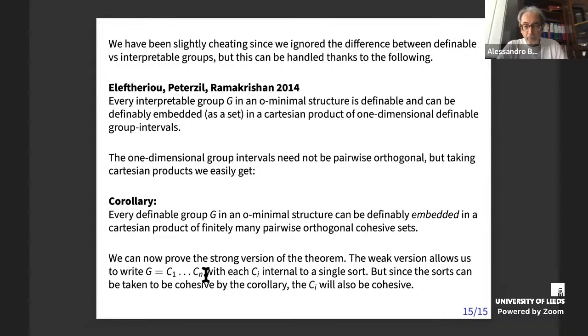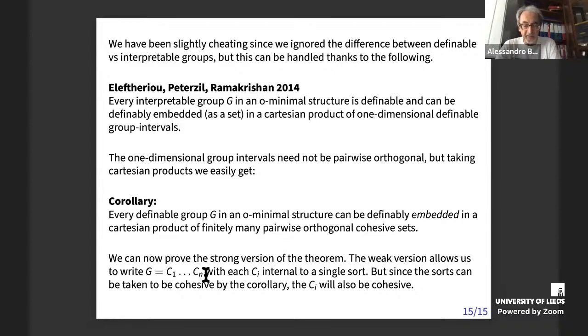So the strong version is certainly not true in general for arbitrary structures. The weak version could be. Essentially the strong version says that any group has finite dimensionality, so it can be written as a product of finitely many cohesive sets.